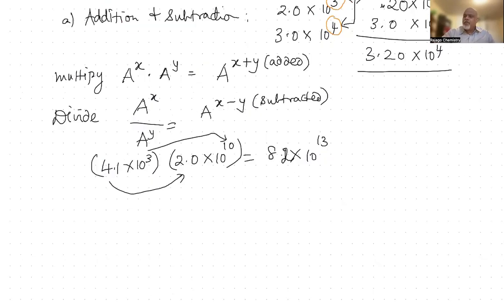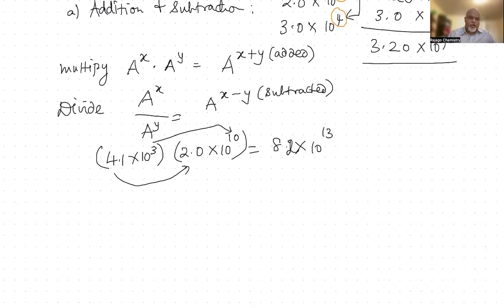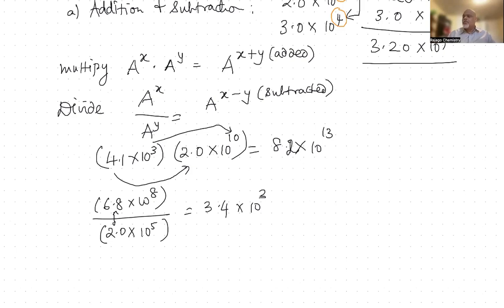When you divide, you do the same thing. Let's say 6.8 times 10 to the power 8 divided by 2.0 times 10 to the power 5. You divide these two numbers and then subtract the exponents, 8 minus 5 is 3. This is how you use scientific notation.